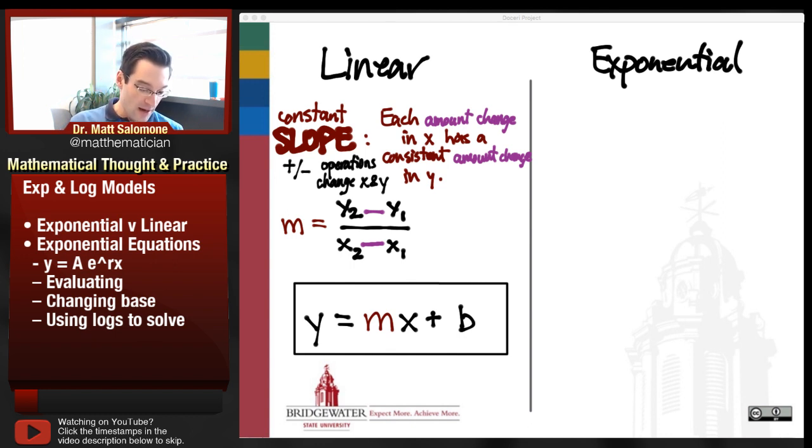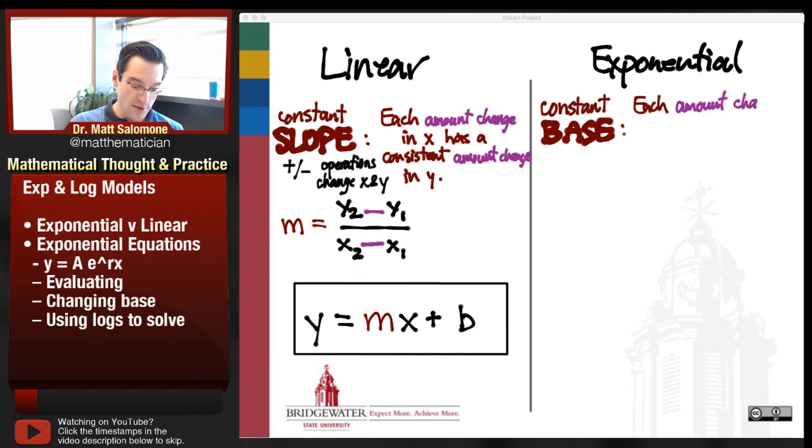But meanwhile, on the exponential side, in place of where we used to have a slope, now we have this concept called a base. And the way to interpret what a base tells me is that each amount change in my x variable, and we're still going to think of what's happening to the x variable as happening via addition and subtraction, the difference is in how the y variable responds.